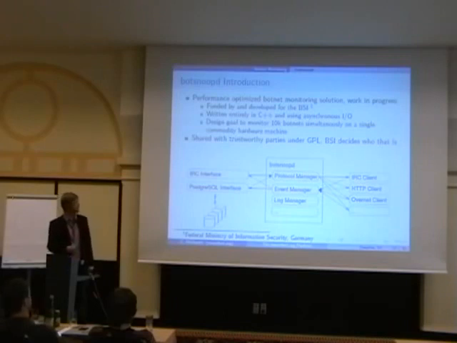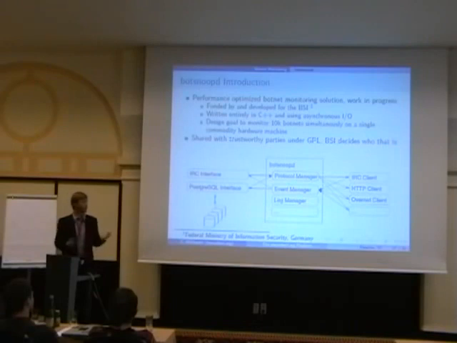And this is how it actually works. This is the core daemon, which is again modularized. You have the different client modules, because not all botnets are IRC anymore today. There are a lot of HTTP botnets in Russia these days, and here in the States, there are still a lot of IRC botnets, and there's also a Overnet client for monitoring the Storm Worm botnet. These are all managed by the protocol manager.